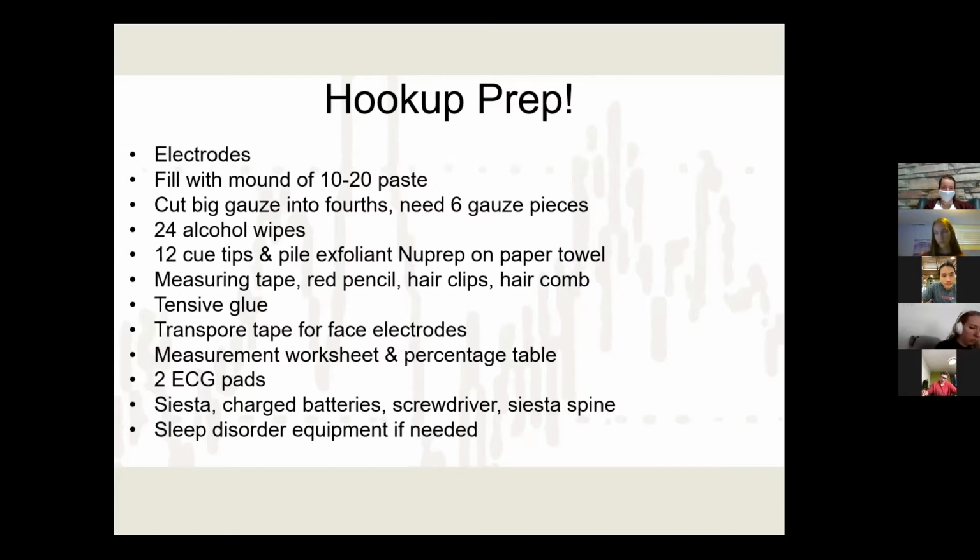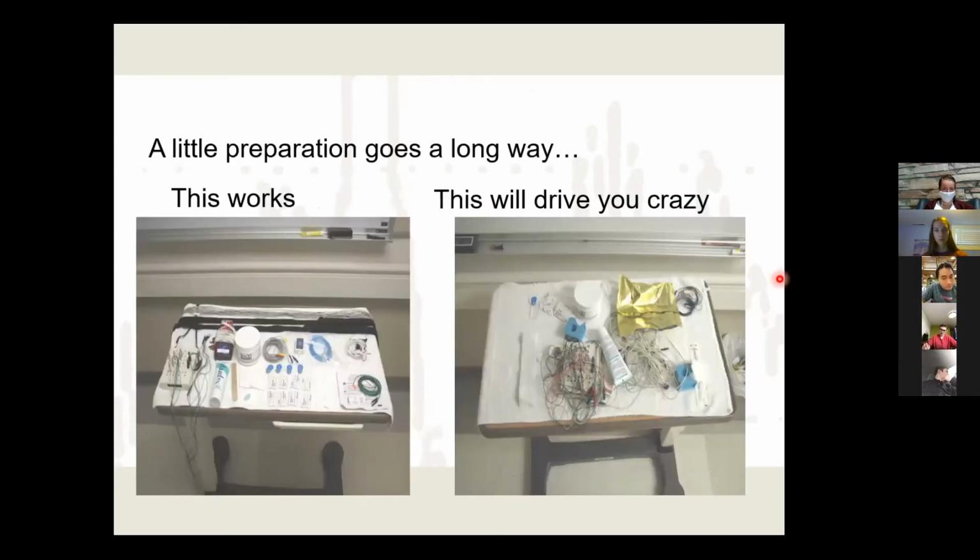You'll need gauze pieces and alcohol wipes, and all of this is for cleaning the scalp before you actually attach the electrodes. Your measuring tape, pencil, and hair clips will all help with doing your measurements before you actually attach electrodes. All of the electrodes on your scalp are actually glued on. You have tape for your face electrodes, ECG pads, your siesta, all of that. So a little preparation goes a long way.